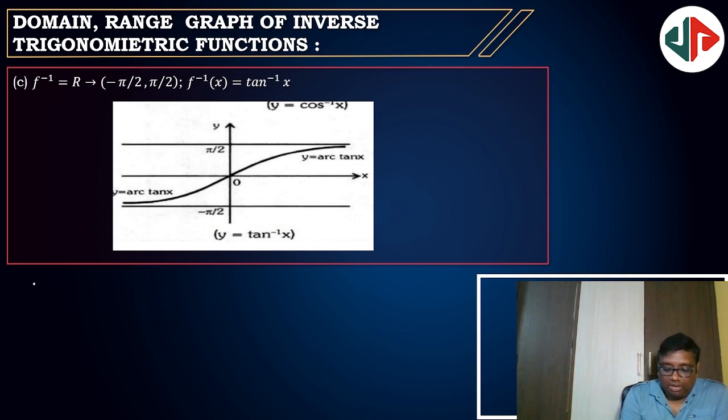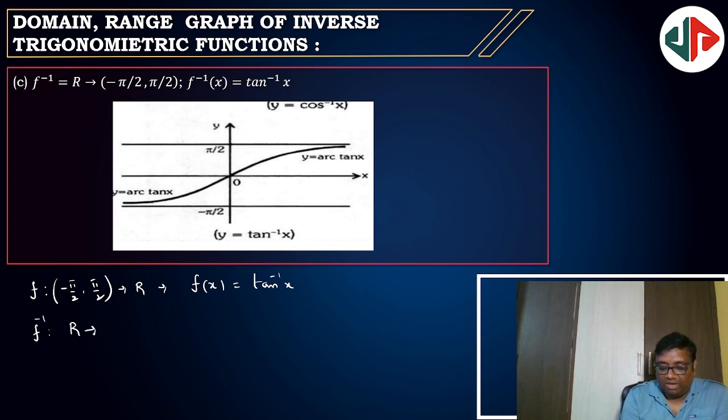In the same manner, if we consider the tan function, the same thing here also. f is defined from the open interval minus pi by 2 to plus pi by 2 to all real values, defined by f of x is equal to tan x. Clearly this function is a bijective function. Then f inverse is defined from all real values to the open interval minus pi by 2 to plus pi by 2.